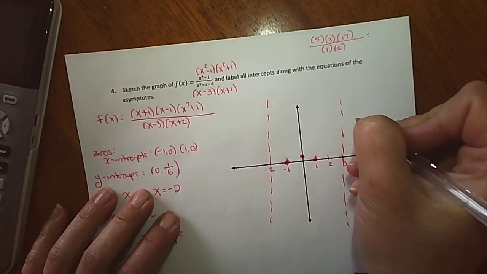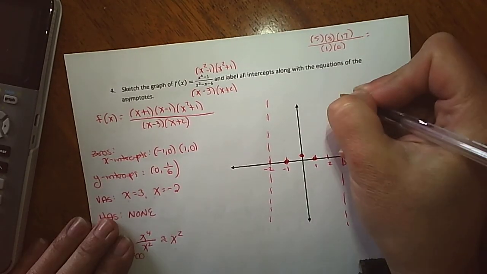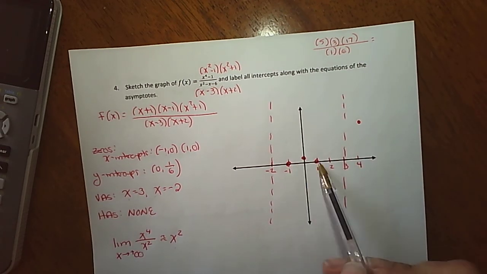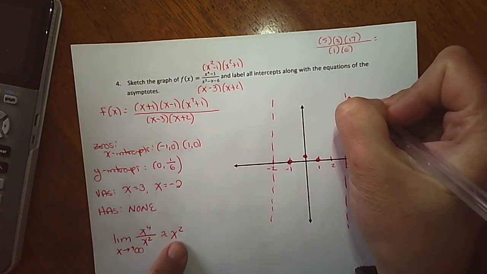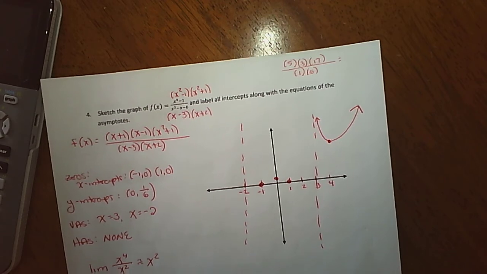It's going to be positive up here somewhere. So what that means, right? Now, I cannot go down at all. I cannot go down because the only place I'm allowed to touch the x-axis are here. So that means it's got to stay up here. So over here, it's going to hug this guy. And remember the x squared that we got? That means over here, it's kind of looking like a parabola. So it would look like that.